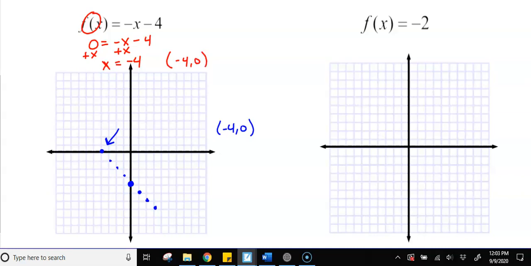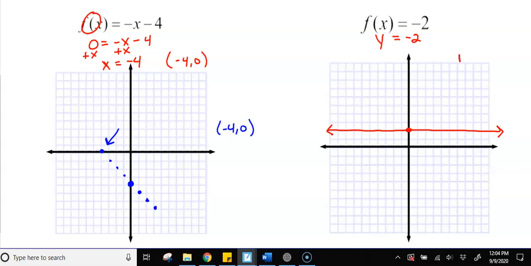Doesn't matter to me. Second one, if you do it using a graph, remember this is the same as y equals, so y equals negative 2. And remember from earlier that that's going to be a horizontal line. If it's a y equals, it's horizontal. And if we are looking for an x-intercept, we are not going to find one.